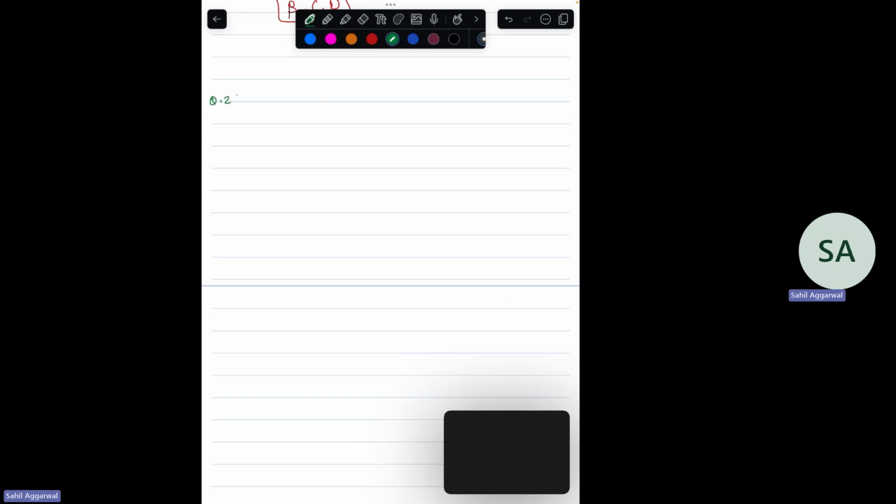अब है क्वेश्चन 24. N2 is taken 3 moles. H2 is taken 9 moles in an evacuated vessel. N2 plus H2 gives NH3 like this.